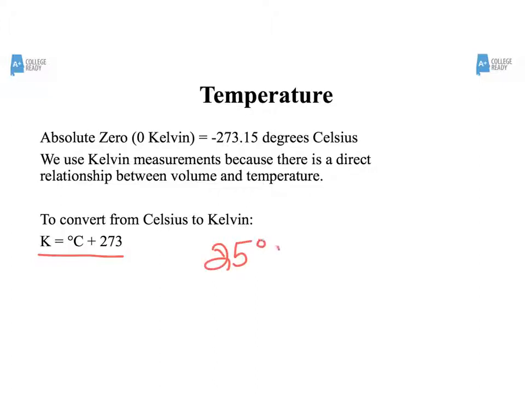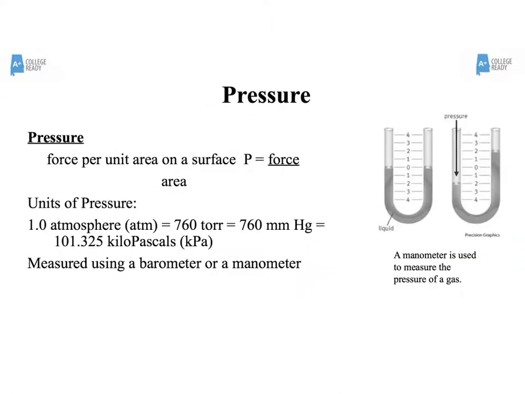To get that to Kelvin, we just add 273, and that gives us 298 Kelvin. And that's the number that we can use for our gas law calculation. So always convert your temperatures to Kelvin.